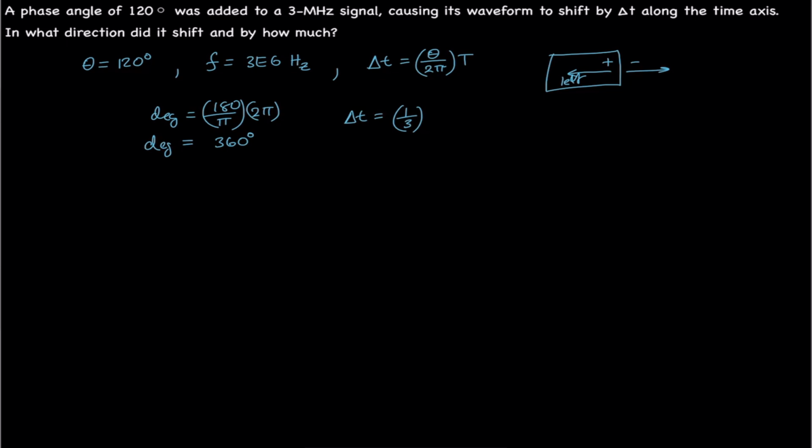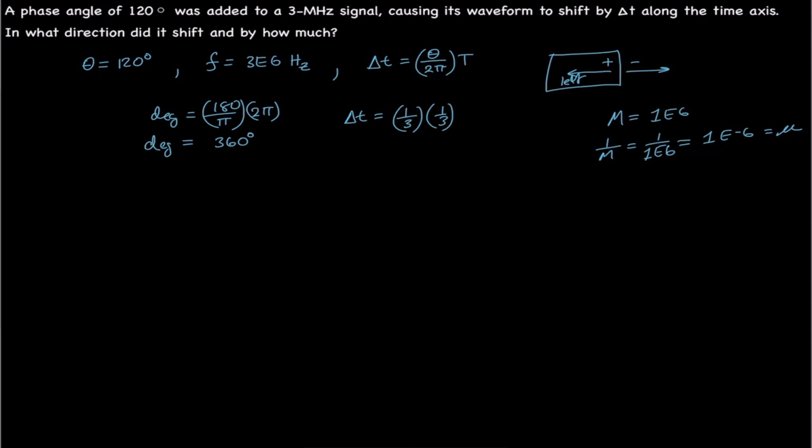And the period is 1 over frequency, and we have 1 meg is 1e6. So 1 over 1e6 is equal to 1e-6, which is equal to a microsecond.